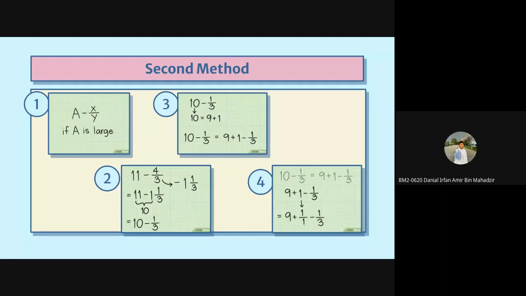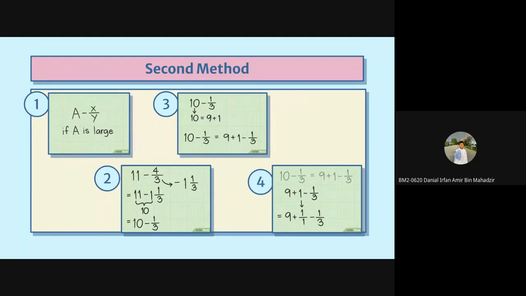So the whole number can be separated: 11 minus 1, where 1 is the whole number, is equal to 10 minus 1 over 3.